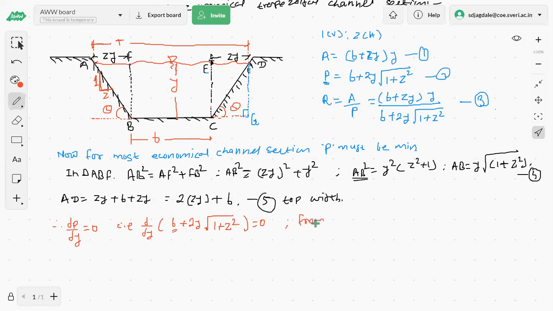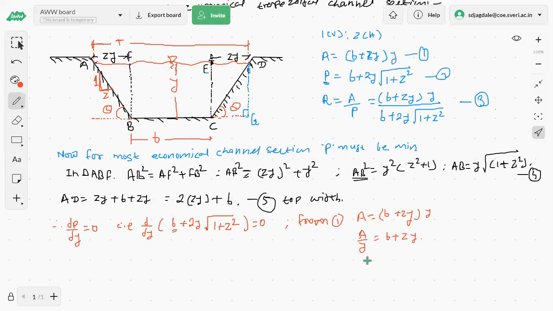From equation 1, firstly A is equal to (B plus zy) into y. That is A upon y is equal to B plus z into y.